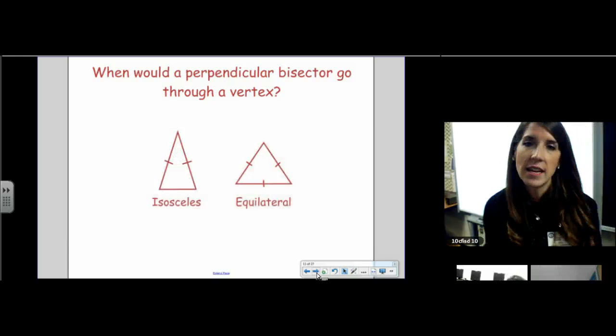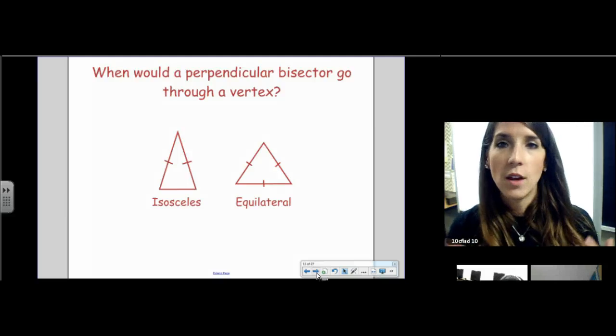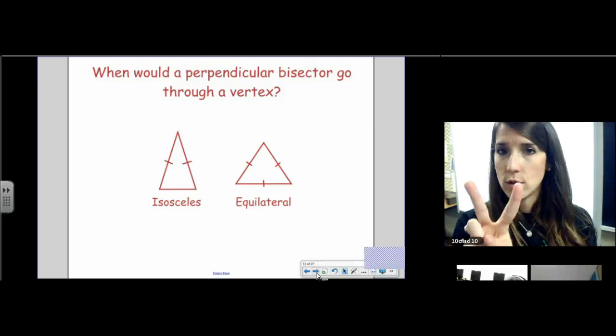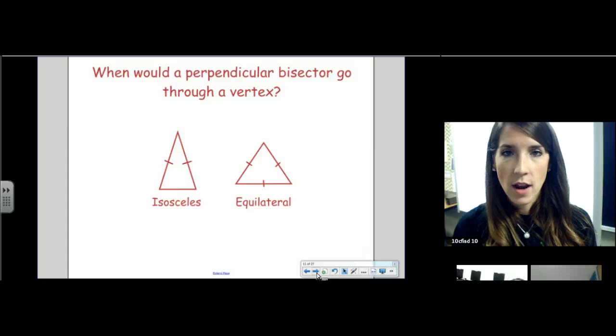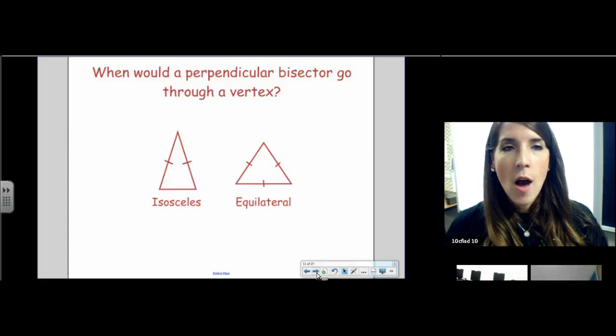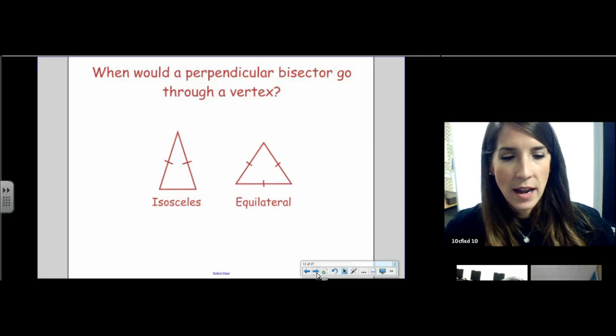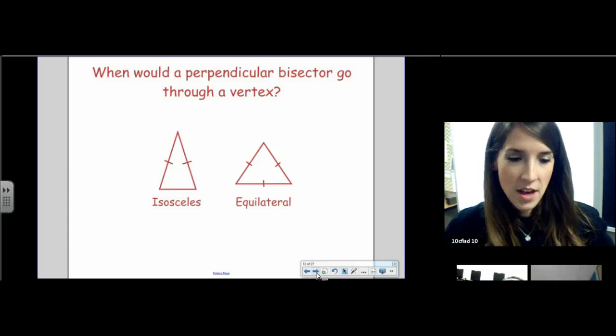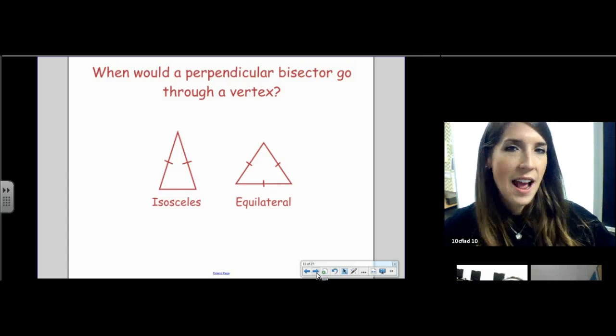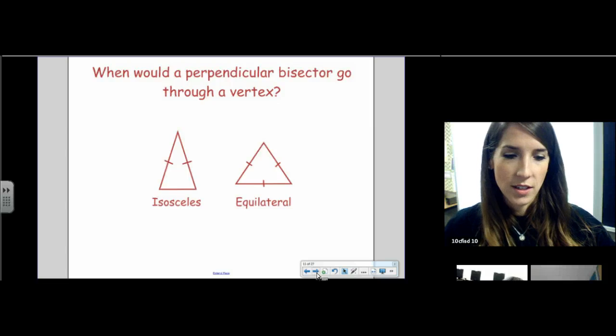So if you wanted to write that down, a perpendicular bisector will go through an angle two times, for an isosceles triangle and for an equilateral triangle. How many perpendicular bisectors does a triangle have? 3, good. It has 3 sides, so it's going to have 3 perpendicular bisectors.